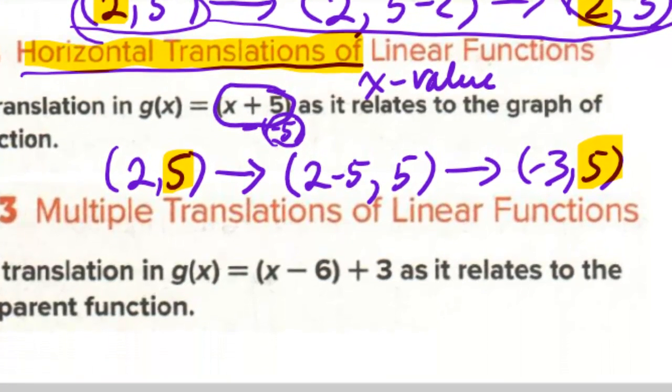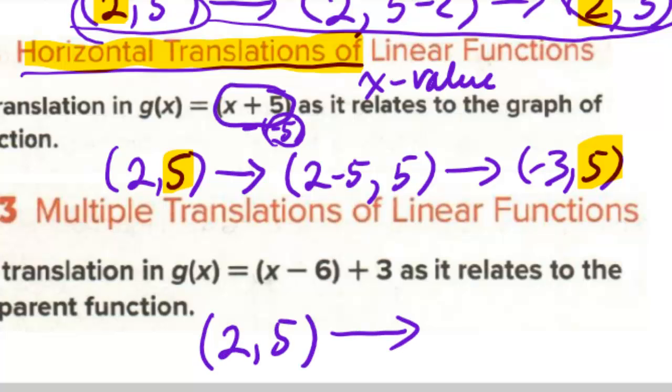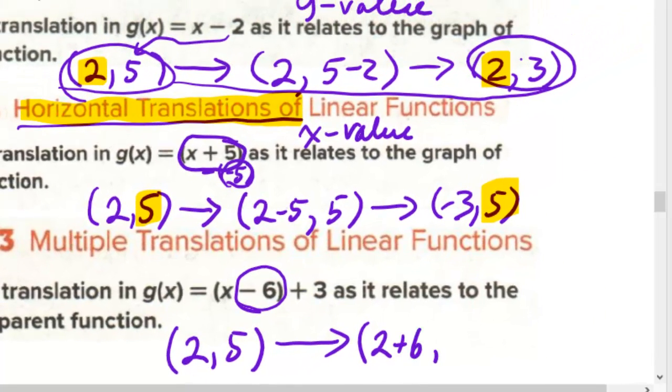For this last one, where we want to do multiple translations, I'm going to go back to that original point again of (2, 5), and I'm going to do a translation on it. This translation right here is really going to be +6. So that's going to give me a new ordered pair of 2 plus 6, comma. This is the x value.